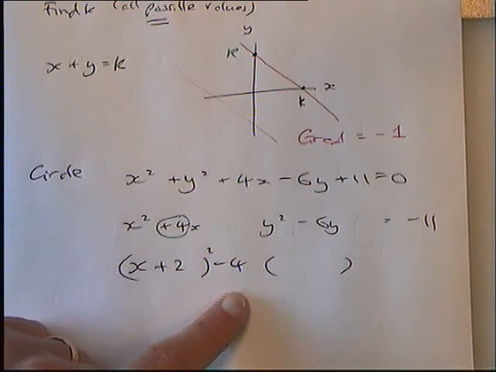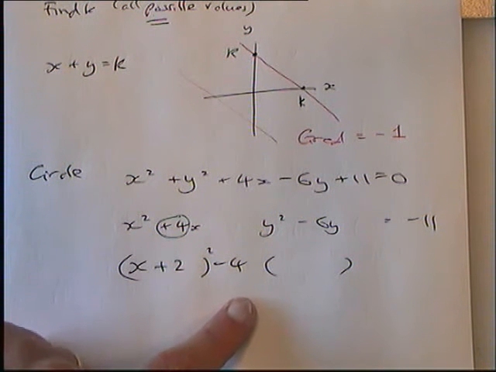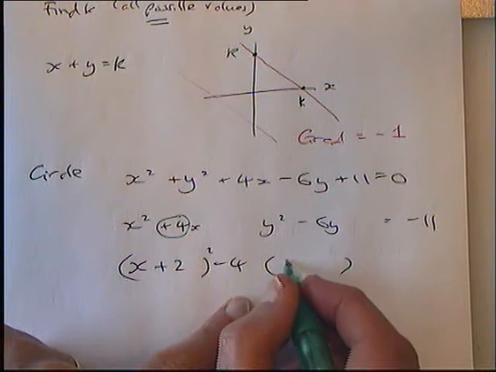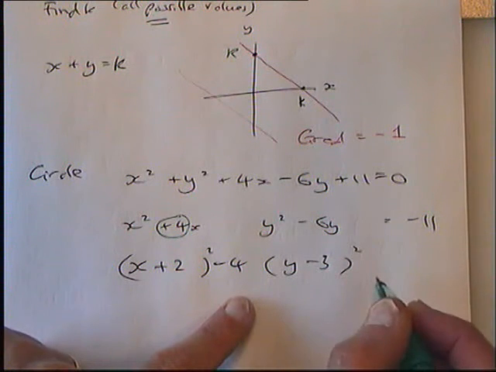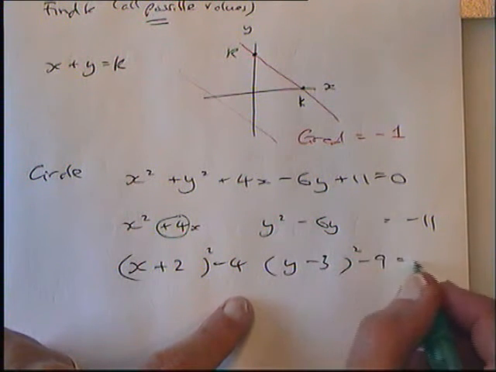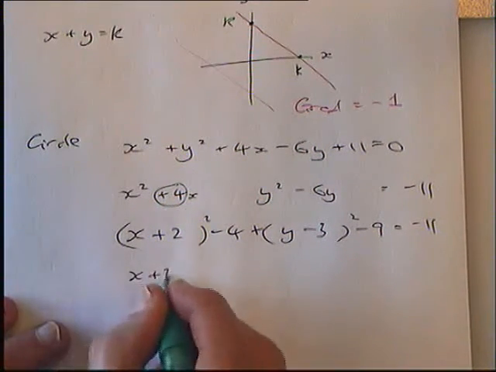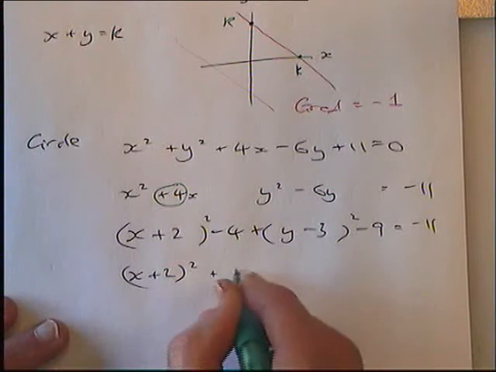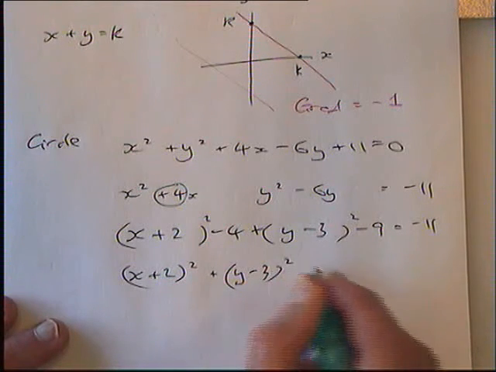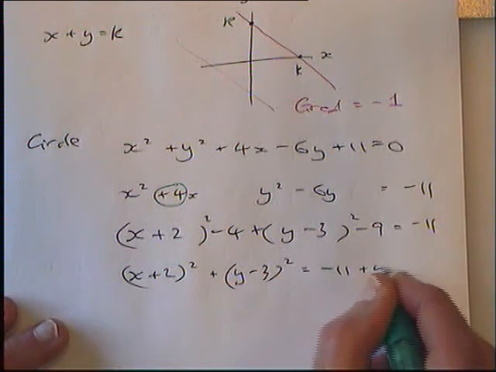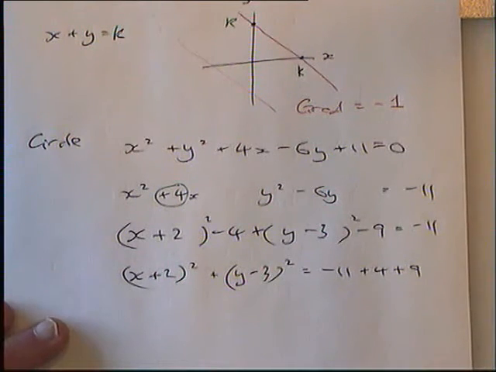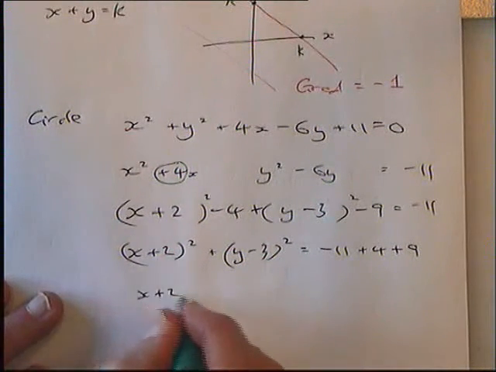Gracie, second bracket. Y minus 3. And what have I got to take away from that one? 9. Okay. And I need to put my plus sign there. So I've got x plus 2 all squared plus y minus 3 all squared equals minus 11 plus 4 plus 9. That's giving me 2, isn't it, on the right? Yeah.